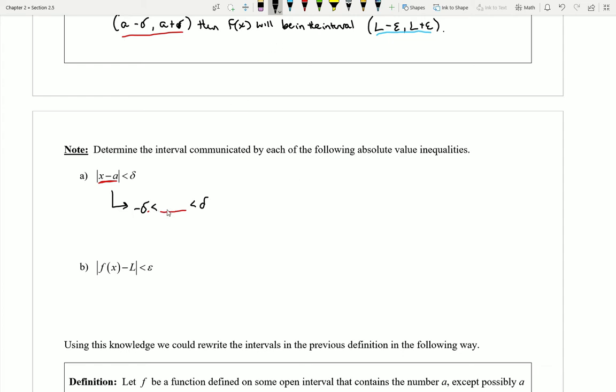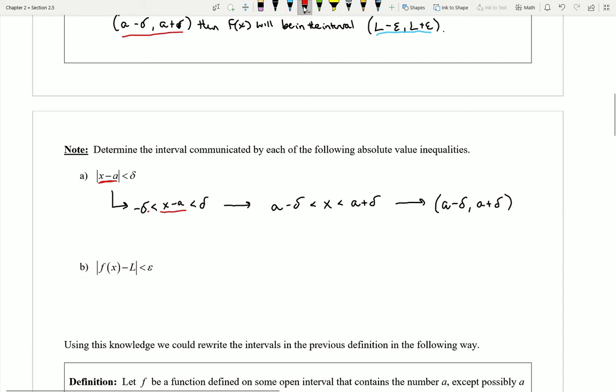This is again exactly what we did on the skills check. Now I can easily see that I could solve for the value of x by simply adding a to each side here. So I'm going to add a to delta, and here I'll add a to negative delta, or I'll have a minus delta. So notice that this then communicates an interval that is a minus delta to a plus delta.